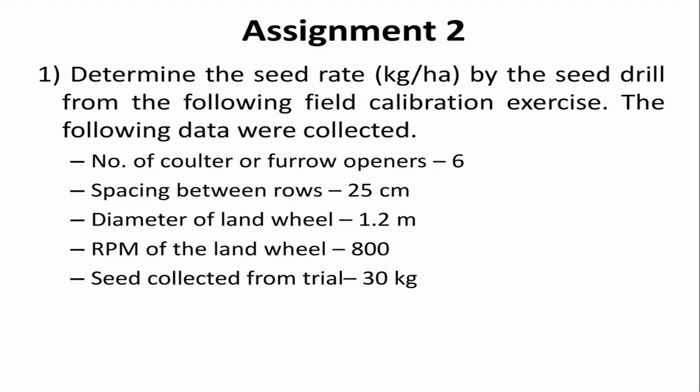There are 6 furrow openers in parallel. In one line, 6 openers are there. So 6 lines, they will be placing the seed. So write down quickly.